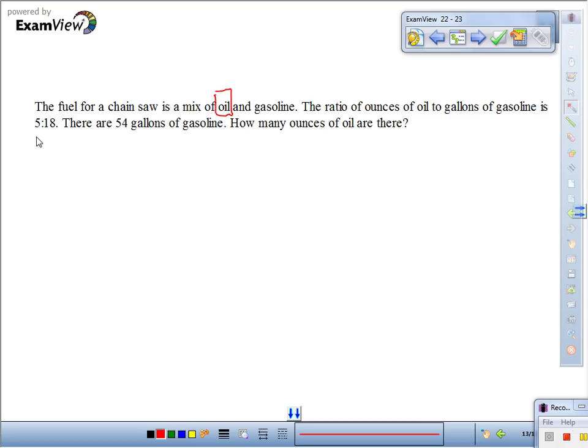So which is the first number they mention? 5. So which one corresponds to oil? The 5. Okay, now that I have that, I'm going to write my rate. Check this out. 5 to 18. Does everybody understand that so far? And once again, the 5 corresponds to what? To the oil. Okay.